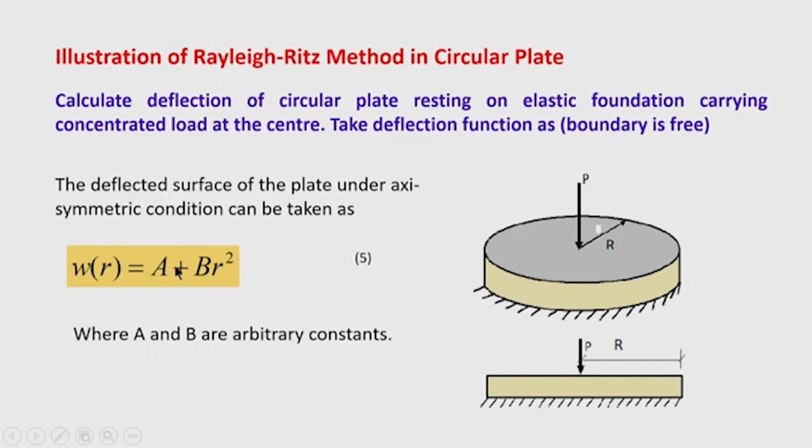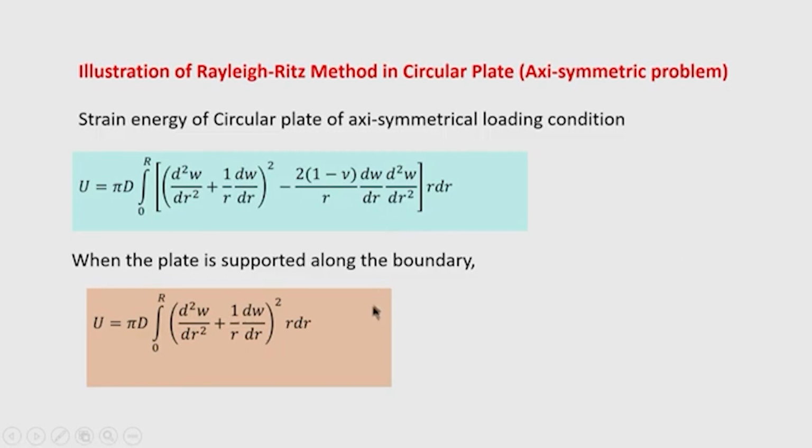So, if this is taken as the deflection function and the loading on the plate is a concentrated load at the center, okay, then out of the two choices of the strain energy, we cannot adopt this one. This is not possible because the plate is not supported along the edges.